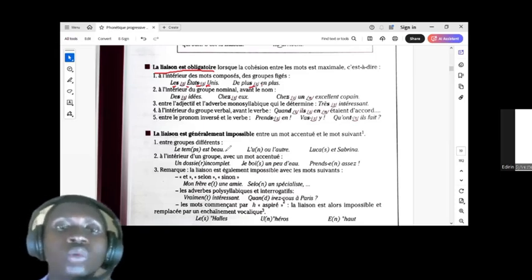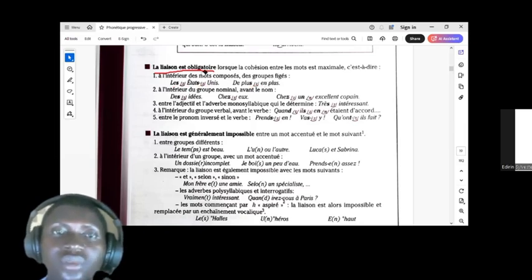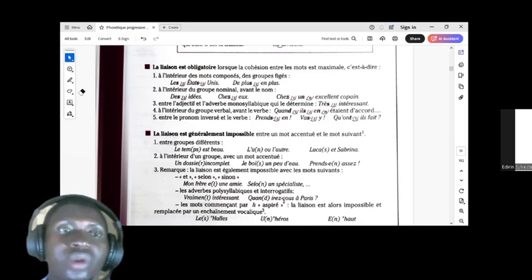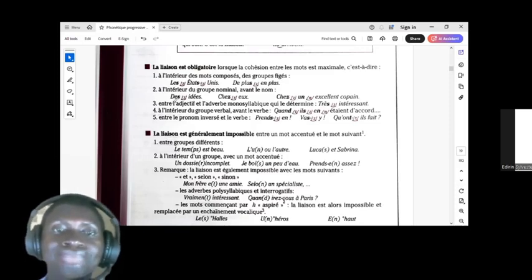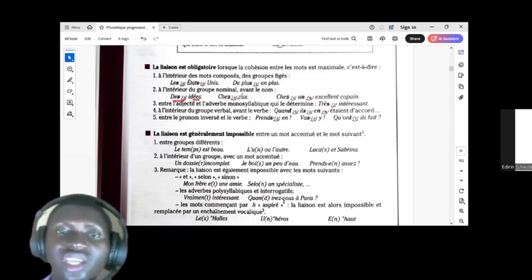Now, à l'intérieur des mots aussi, on peut avoir des liaisons avec des groupes nominaux. Take, for example, des idées. Because idée begins with an I, the S here becomes Z. We have des idées. We have chez eux.